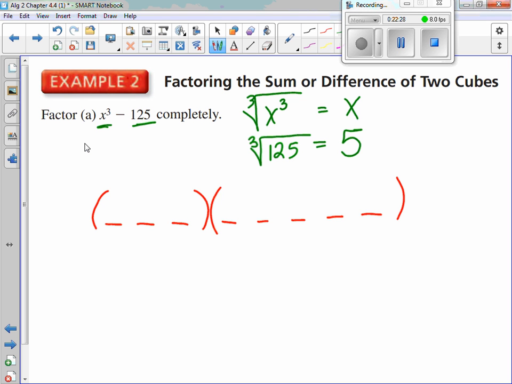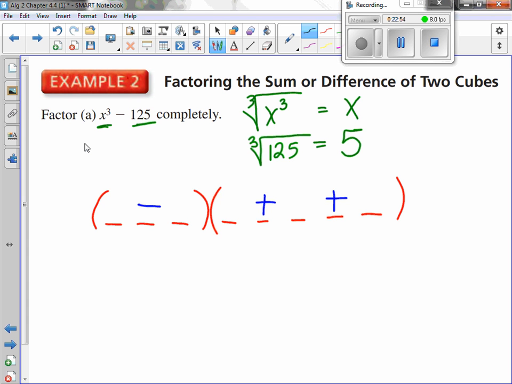Since it's negative, it would be the same, opposite, always end on a positive note. Since it's subtraction, the first one would be negative, opposite of negative would be positive, always end on a positive note.